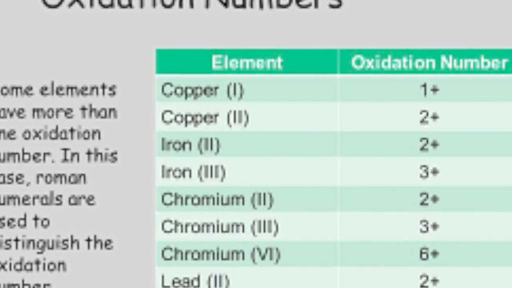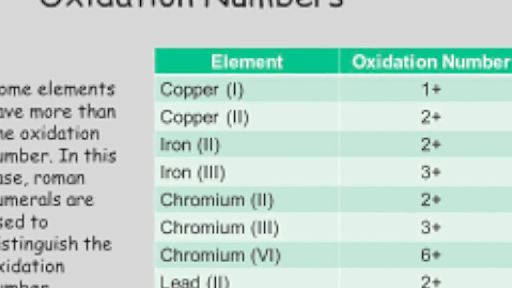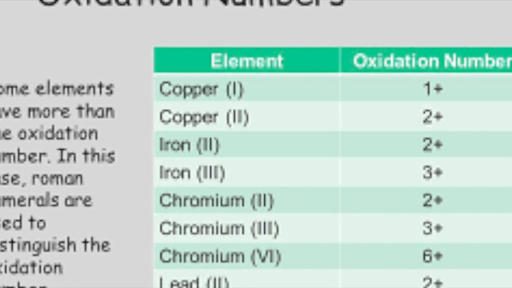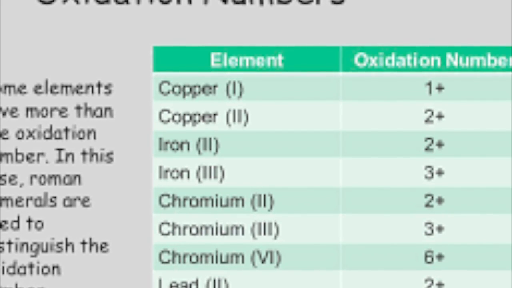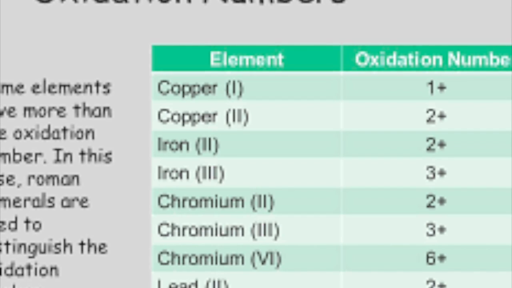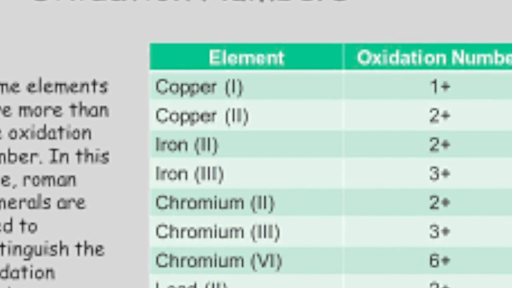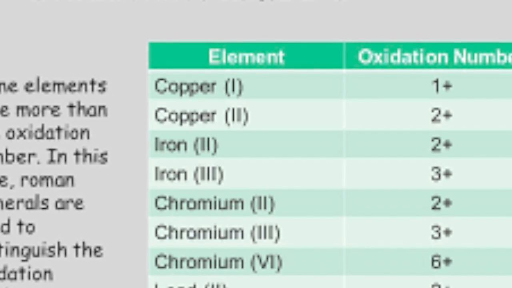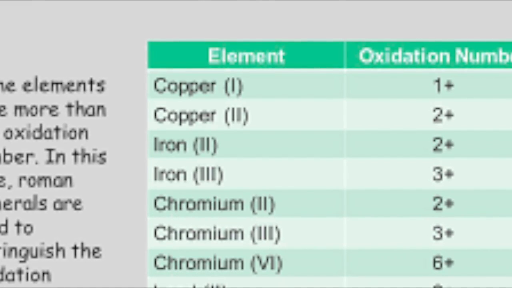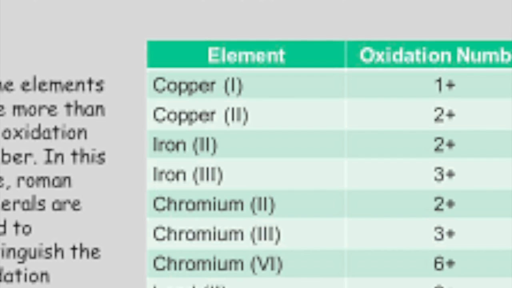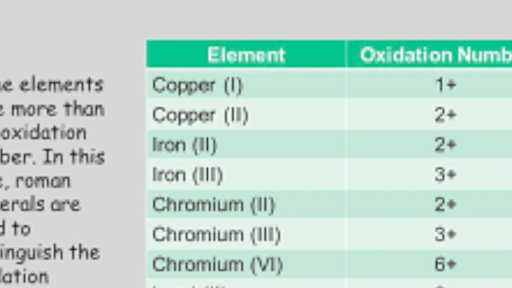So the Roman numeral the first one has is based on the charge of the second and also the charge of the first. So if it's something with charge 2 and there's another compound with charge 6 or something, you're going to have the Roman numeral 3 to balance that out.